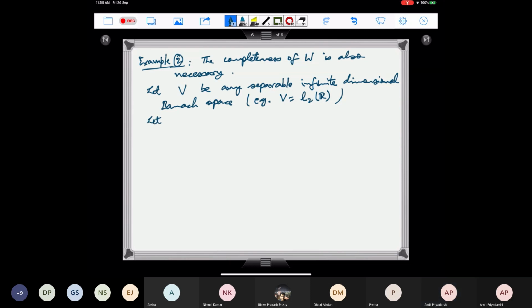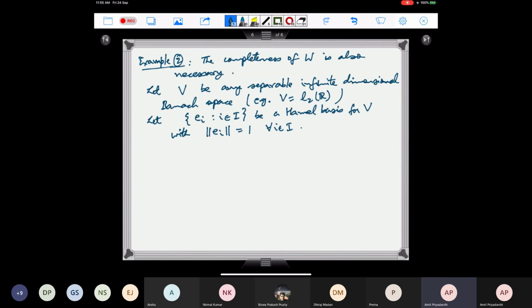Let e_i, i belonging to I, be a Hamel basis for V. We can assume that all these e_i are unit vectors, that is, norm of e_i is equal to 1 for all i in I. Because if you take any basis and then normalize it, we know that basis vectors are all non-zero.